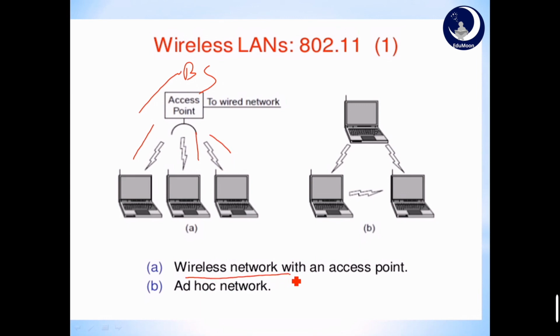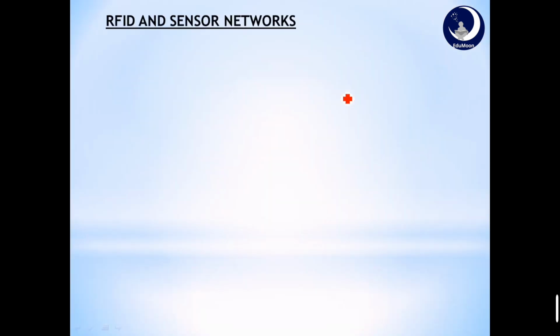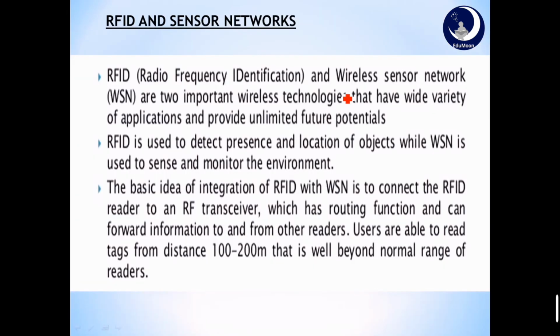Whereas next is the ad hoc network. Here the systems are interconnected with each other in a wireless fashion. And in an ad hoc network there are no access points. Next is the RFID, that is radio frequency identification.